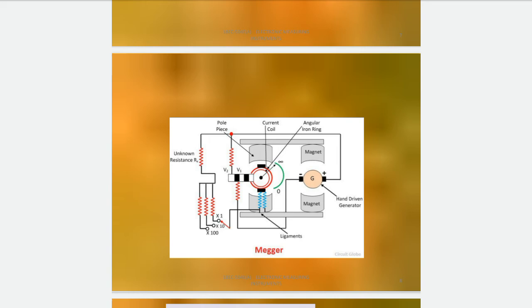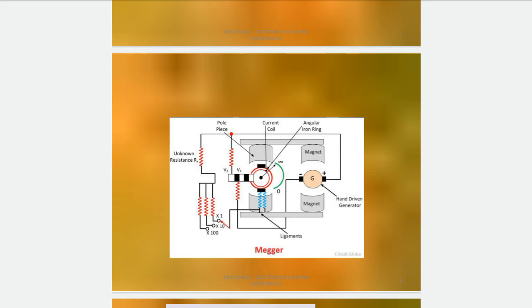Two coils are there, current coil and pressure coil. The current coil we denote with CC and the pressure coil with PC. The current coil is also known as the deflection coil and the pressure coil is also known as the control coil. Here we can see the pressure coil, V1 and V2.